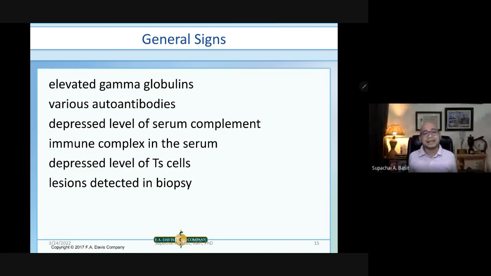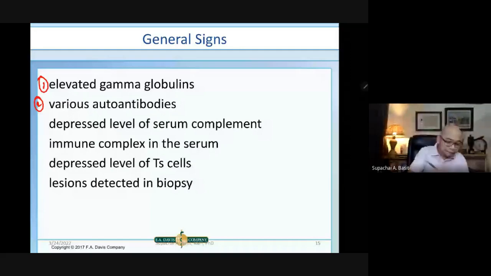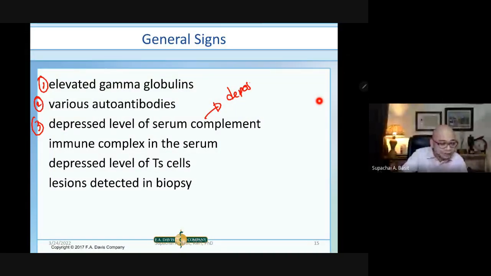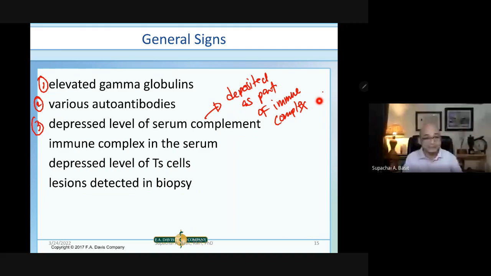So what should be the general signs? First sign is elevated levels of gamma globulin, so antibodies will be increased, and there will be various types of autoantibodies. Number 3 is a depressed level of serum complement. Why? Because serum complement is already deposited as part of the immune complex, and that is the reason why serum complement is decreased.